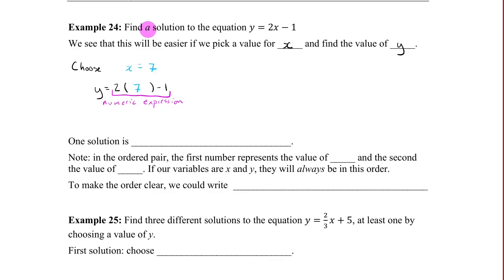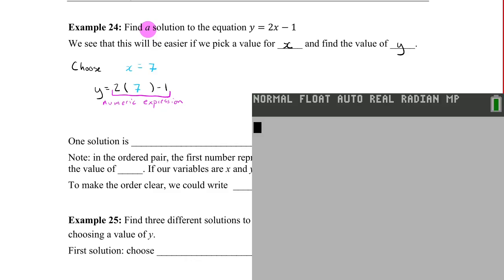I can do that by hand, or I can just throw it into the calculator. We'll just say 2 times 7 minus 1, and we get y equals 13.